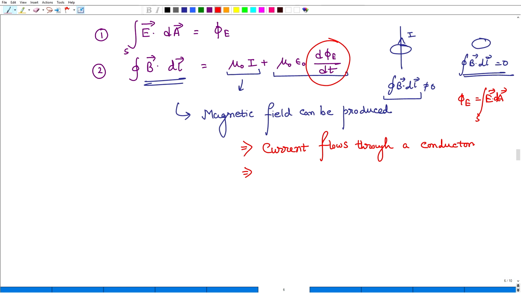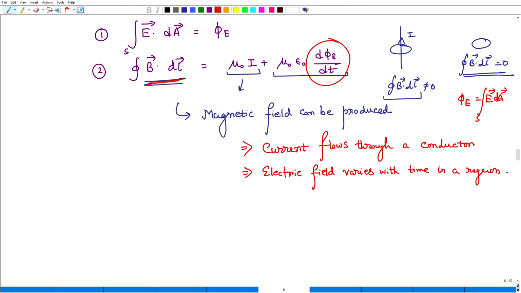In that case also there will be a non-zero B dot dl. So the second point is an electric field which varies with time in a region. Okay, so this is the second condition for a non-zero magnetic field.